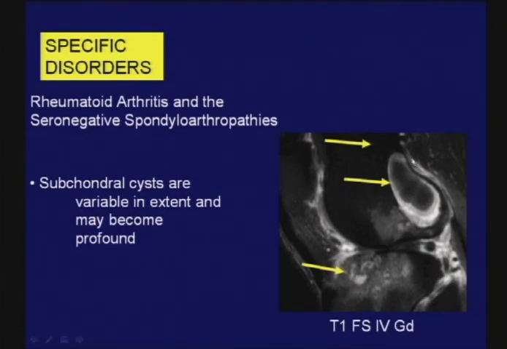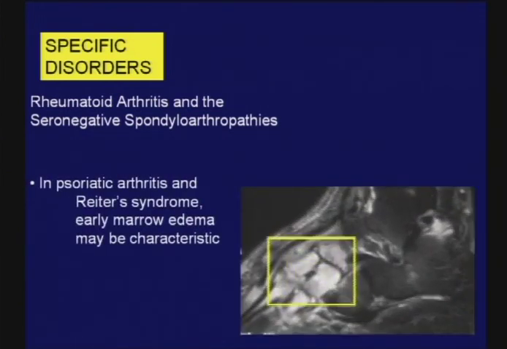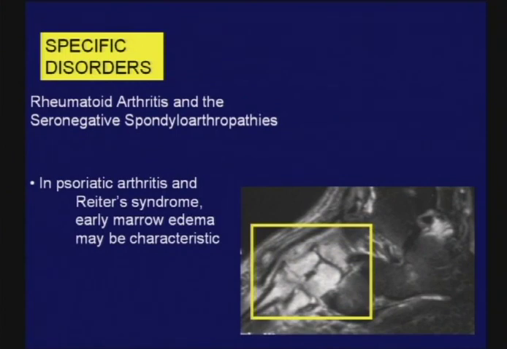With intravenous gadolinium, we can see the enhancement around the lining of this fluid-filled collection, and indeed we can see some additional abnormalities on the tibial side of the joint. In psoriatic arthritis and Reiter's syndrome, there is a peculiar alteration that may occur in the early part of the disease, characterized by marrow edema.